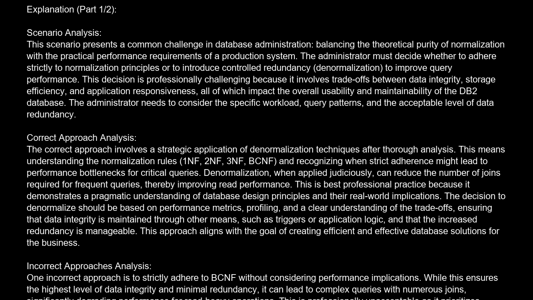This is best professional practice because it demonstrates a pragmatic understanding of database design principles and their real-world implications. The decision to denormalize should be based on performance metrics, profiling, and a clear understanding of the trade-offs, ensuring that data integrity is maintained through other means, such as triggers or application logic, and that the increased redundancy is manageable. This approach aligns with the goal of creating efficient and effective database solutions for the business.